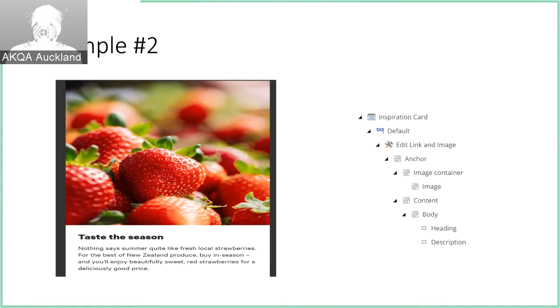I'll walk you through what exactly is happening here. People have worked on Experience Editor, I'm assuming, in the development part. This edit link and image is an edit frame field. It's a field provided for rendering variants. It gives you a button in Experience Editor mode. You click on it and you can provide the link and the image.